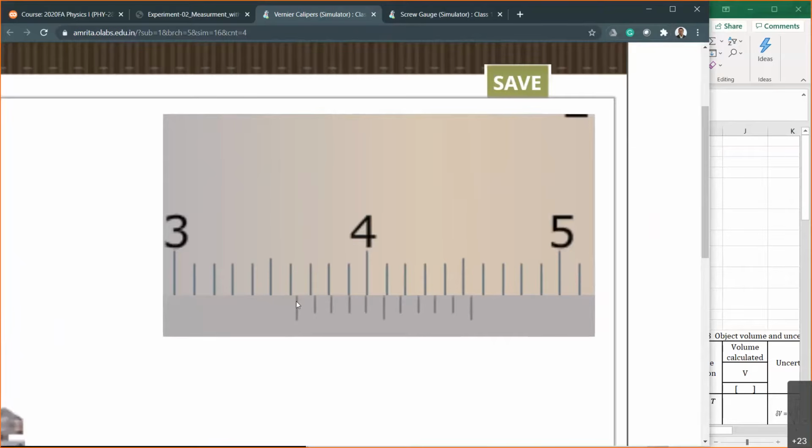Relative to that point, you read the closest line to the left on the main scale, and read it in millimeters. This is 35 millimeter line, 36 millimeter line. So that line value is 36 millimeters on your main scale.